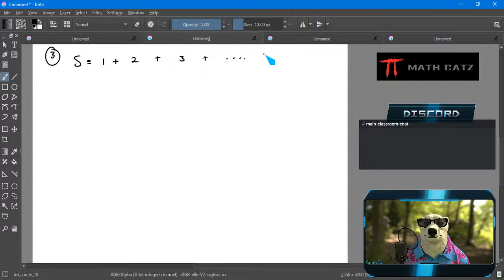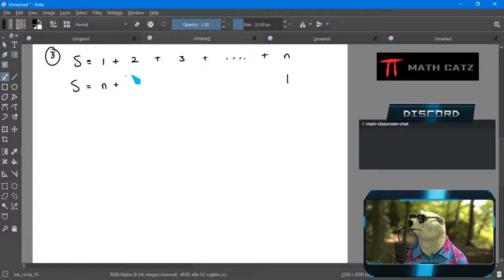So dot dot dot, we're going to end with the last number, n. Then our strategy is the same. We're going to double up. So now we're flipping everything, and the last one is written first. The first one is written last.